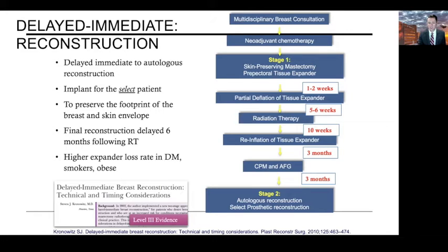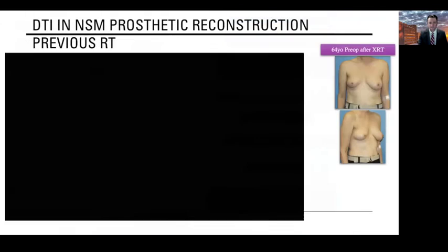This has been a real shift in the last 3 to 4 years to doing all of our reconstructions on top of the muscle with either a tissue expander temporarily, followed by a final implant. If the patient does require radiation therapy, we will usually save an implant or an autologous reconstruction for 6 months after that. And these patients with radiation have high rates of fat grafting.